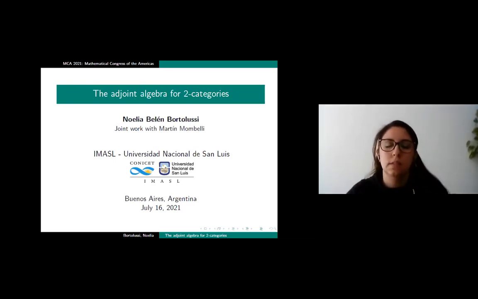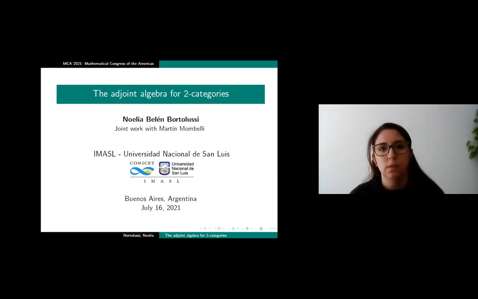So we're interested in the study of the adjoint algebra, which is a complete invariant for module categories. This work, which is joint work with my supervisor, Martin Bombelli, was born from the idea to compute the adjoint algebra for certain categories.